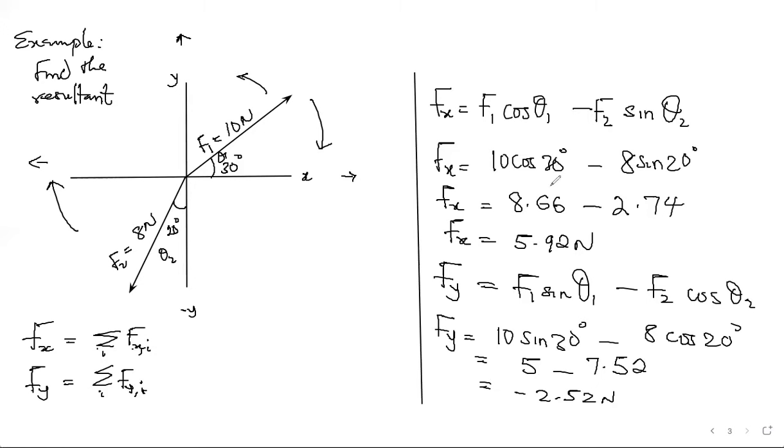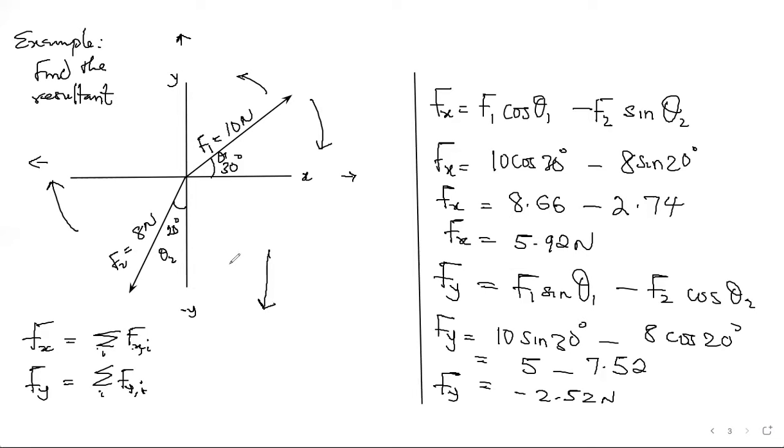So what I've done is to resolve all these forces into components. What I have now is Fx and Fy. But because Fy points towards negative y, if I want to represent that, it has to point downwards.